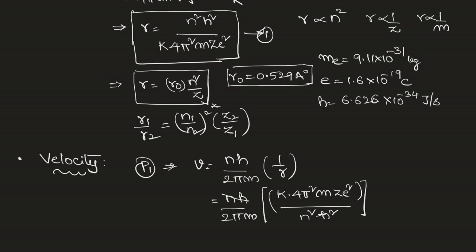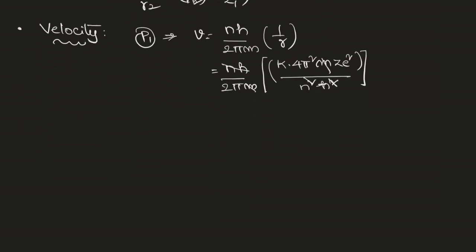So from this nh gets cancelled and mass gets cancelled, and we can observe that velocity depends on z and n. This 2 gets cancelled, pi gets cancelled. So we'll have velocity equal to k into 2 pi z e square by n into h.